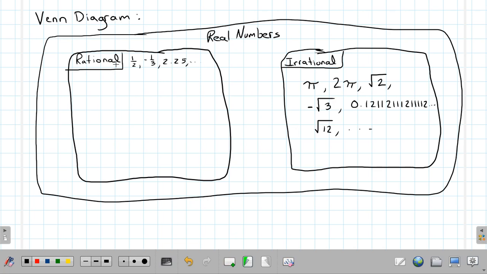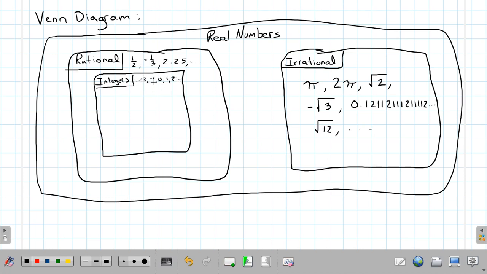But in the Venn diagram on the rational side, if we know they're rational, then we can actually break it down even further. So we can ask, well, are they integers? Well, the integers are -2, -1, 0, 1, 2, and going in either direction, okay?